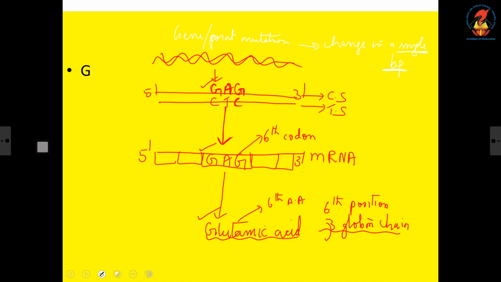Highlighted, single base pair. So now here what happens, instead of A, it becomes T. So due to mutation, maybe physical or chemical or biological, instead of A, which is normal, it became T. So correspondingly, what will be the mRNA synthesized? It will be GUG.